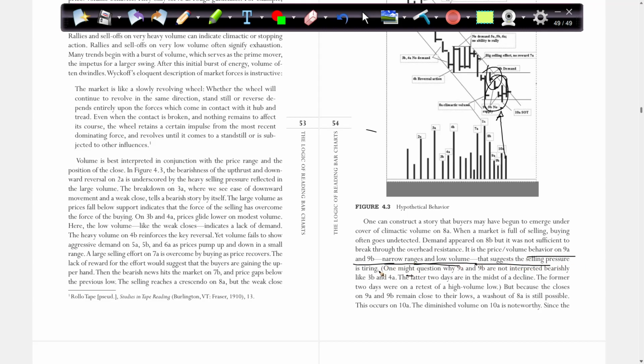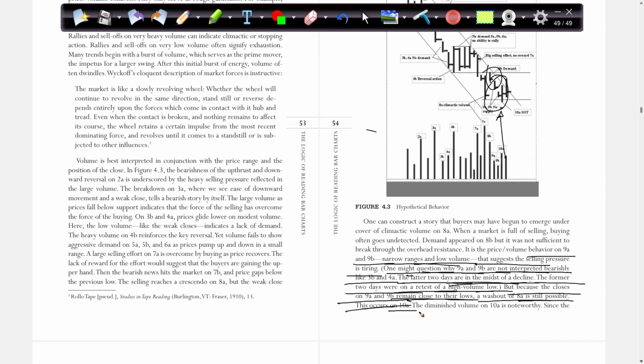This suggests the selling pressure is tiring. One might ask why 9A and 9B are not interpreted bearishly like 3B and 4A. The latter two days are in the midst of a decline. The former two days were on a retest of a high volume low, but because the closes on 9A and 9B remain close to their lows, a washout of 8A is still possible.